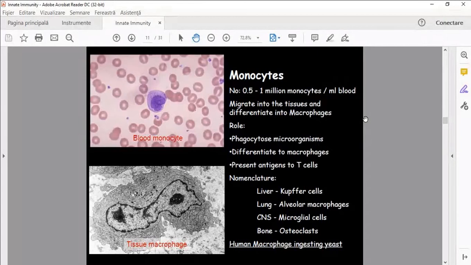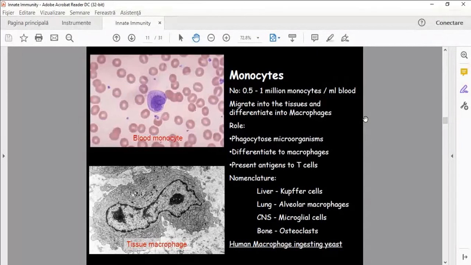And the fourth type is the N-formyl-methionyl-leucyl-phenylalanine receptor. As you can see here, in its name are the amino acid residues, the sequence of amino acids, which is recognized by this receptor.